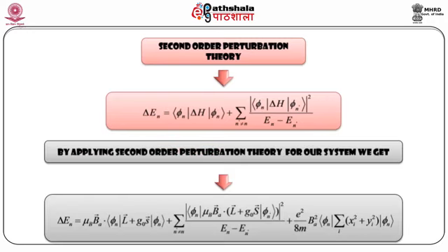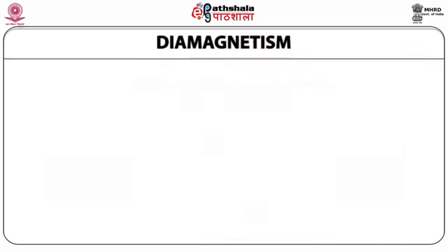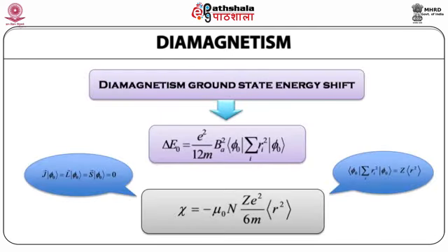So we will now apply the above quantum mechanical formalism to understand the origin of diamagnetism and paramagnetism. We start with the understanding of diamagnetism. Diamagnetism, ground state energy shift. Solids made up of ions where all electron shells are filled exhibit diamagnetism.